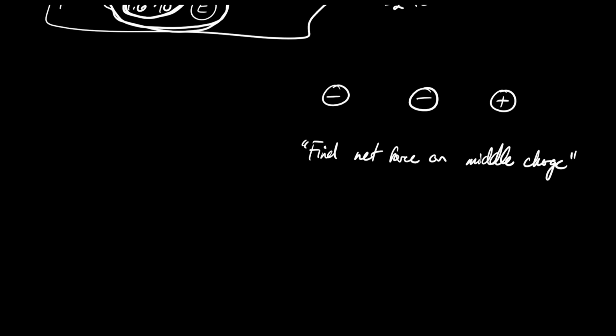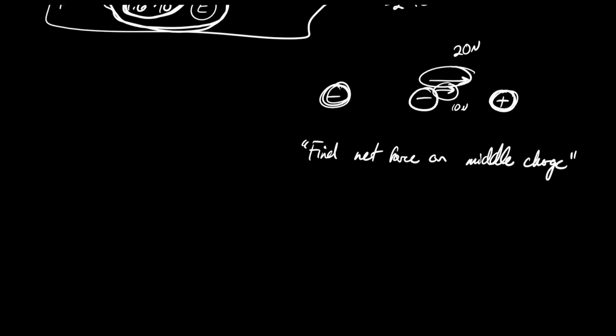The middle charge, your first question that you want to ask is, which direction is it getting pulled by each guy? So the negative charge is repelling it this way, and the positive charge is further attracting it this way. So you would compute the force from the negative charge, which would be a repulsion. You would compute the force from the positive charge, which is an attraction. Let's say you get answers of 20 and 10 newtons.